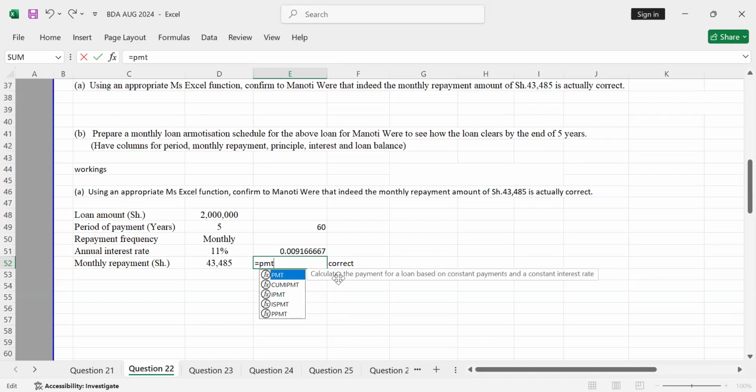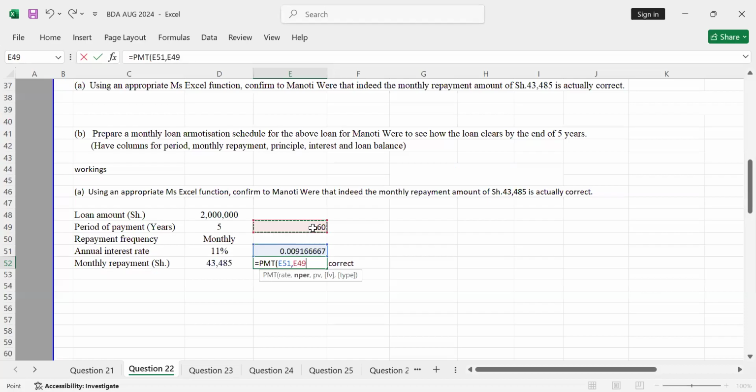Once you type that, you'll see it tells you that it calculates payment for a loan based on a constant payment and a constant interest rate. So once you click that, it tells you to put the rate. Our rate is that one, the percentage per month, comma, NPER is our period. This is paying for how many months? For 60 months. That is the period.